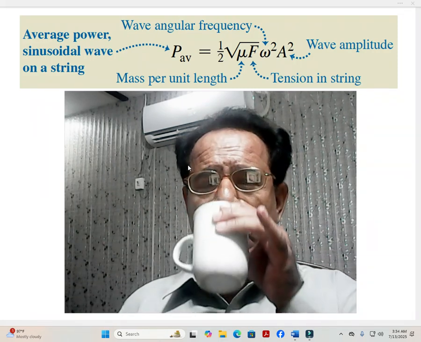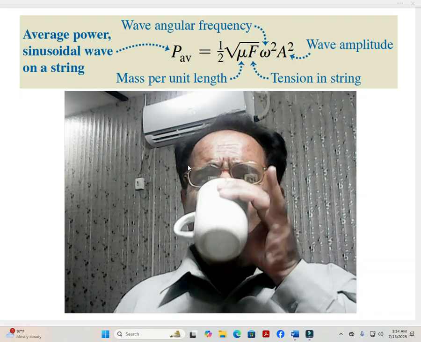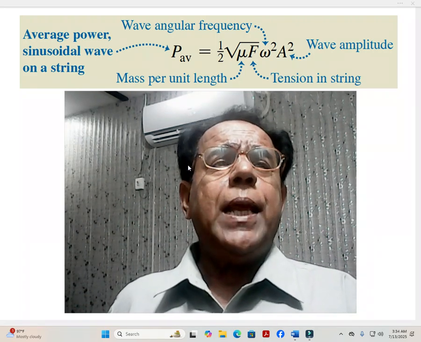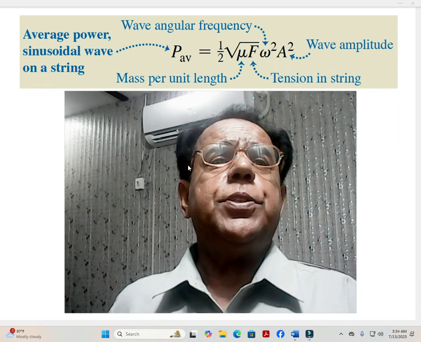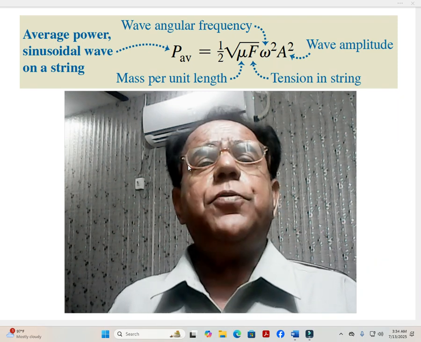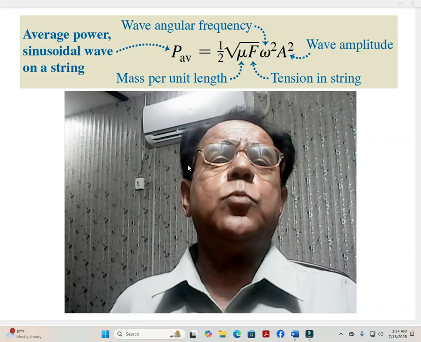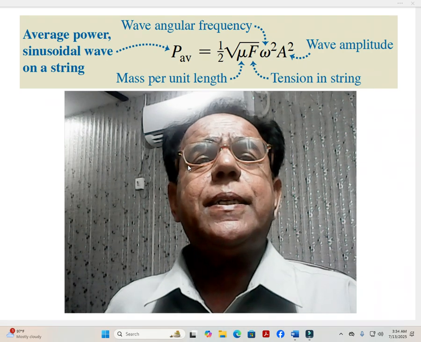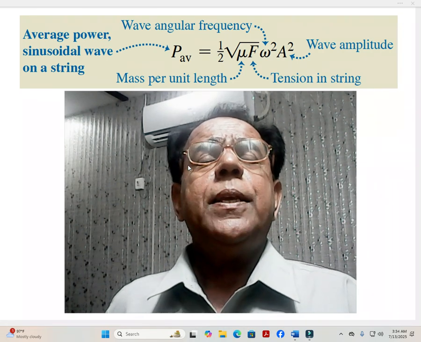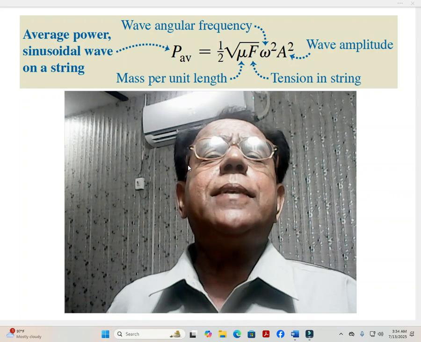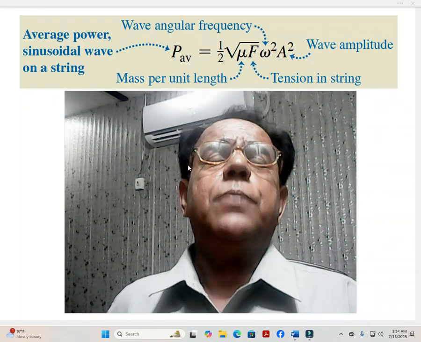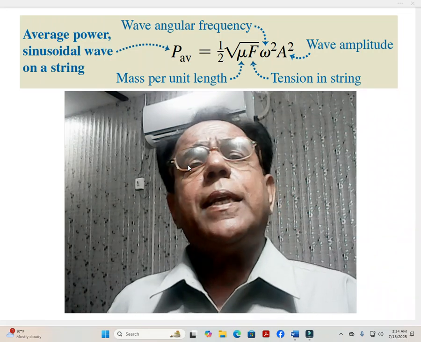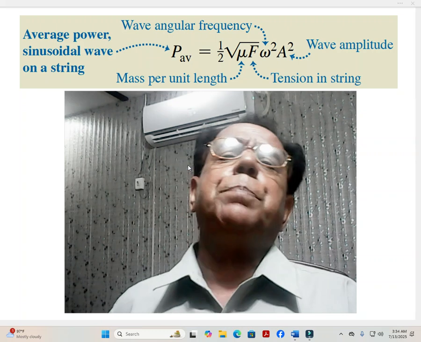P_av, the average power of a sinusoidal wave on a string, is equal to half square root of mu F, where mu is the mass per unit length and F is the tension in the string, multiplied with the square of the wave angular frequency omega square, into the square of the wave amplitude, that is capital A.